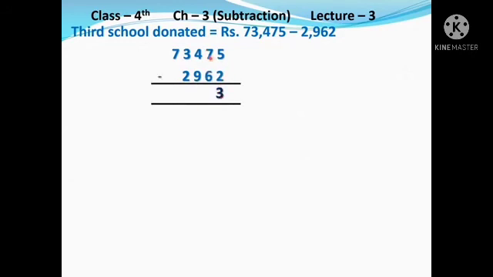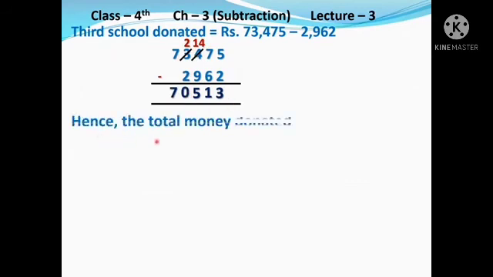Write 3 here. 7 minus 6, 1. 4 minus 9, it is not possible. So we will take borrow from this 3. So this 3 will become 2 and this 4 will become 14. 14 minus 9, 5. 2 minus 2, 0. And write 7 as it is. Third school donated equal to rupees 70,513. Clear?